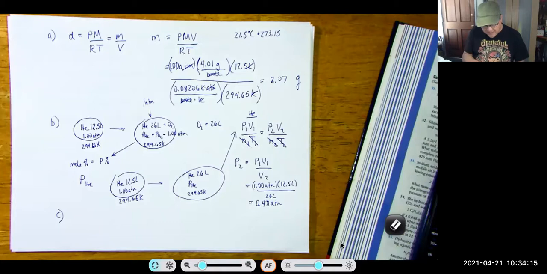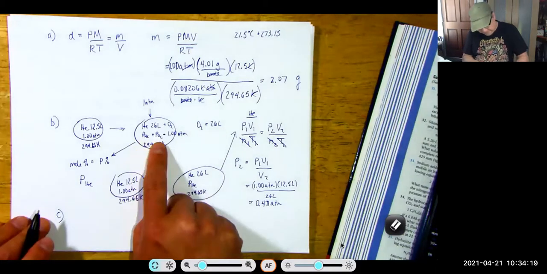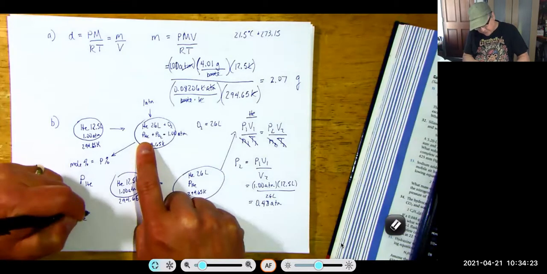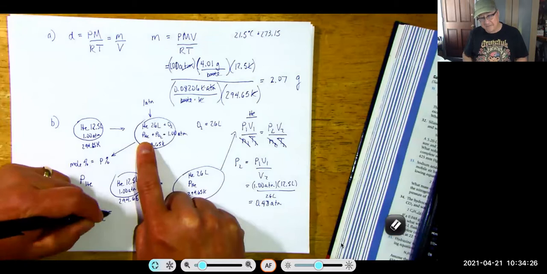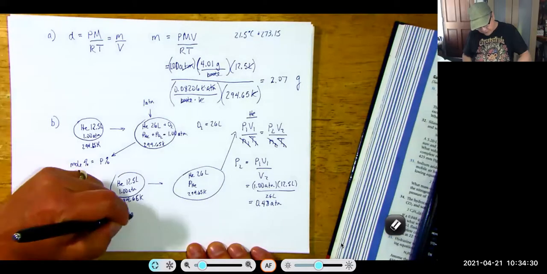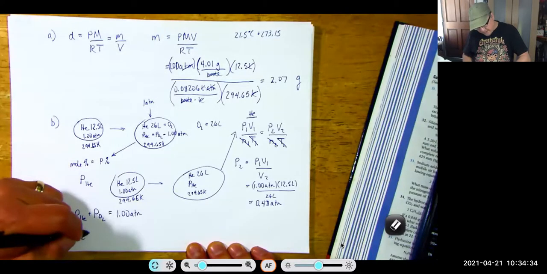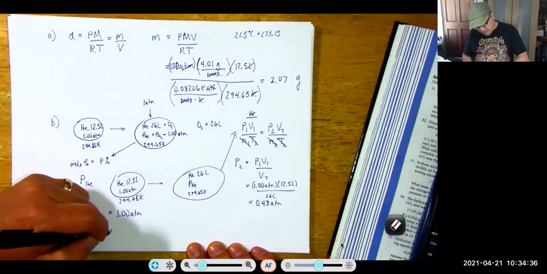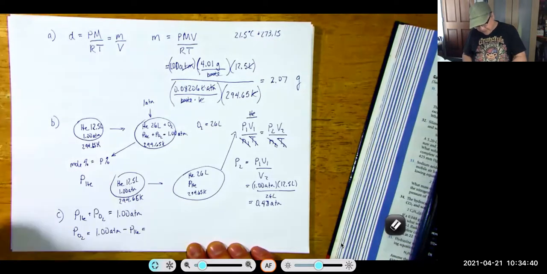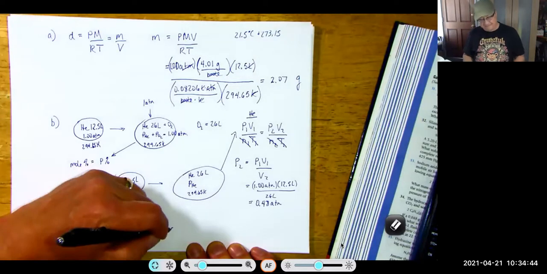What do we know about the partial pressure of helium plus the partial pressure of oxygen in the final balloon? They equal 1 atmosphere. So the partial pressure of oxygen is 1 atmosphere minus the partial pressure of helium, which ends up being 0.52 atmospheres.